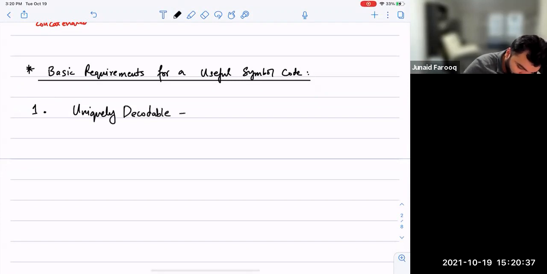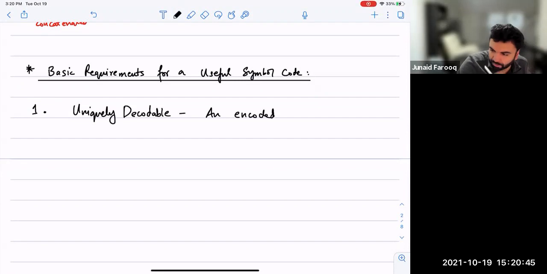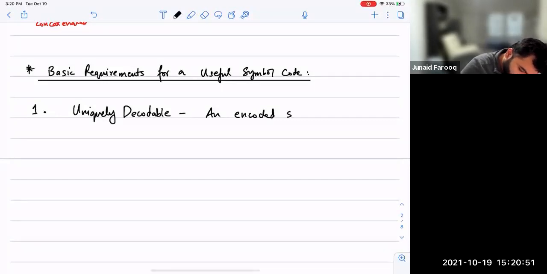Intuitively it makes sense that an encoded string must have a unique decoding, so it should be a one-to-one mapping.